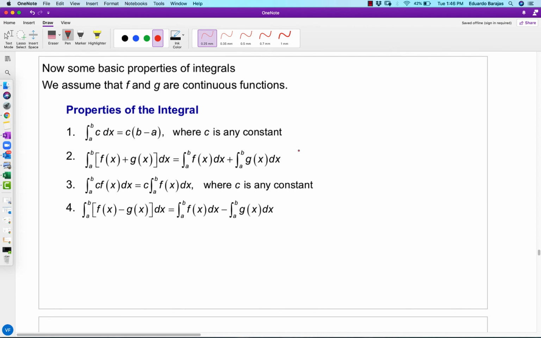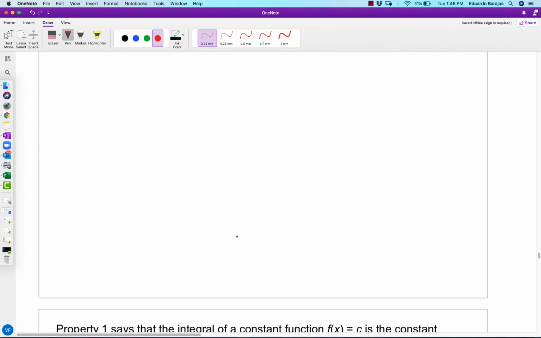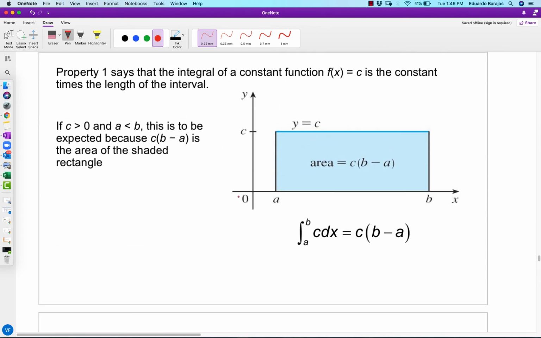For the first one, we're integrating a constant c. Notice that it's not a function involving x, it's a constant c. So here's a nice little visual representation of that. For property 1, we're integrating a constant function f of x equals c. Remember, that's the same as saying it's an equation of the form y equals c.